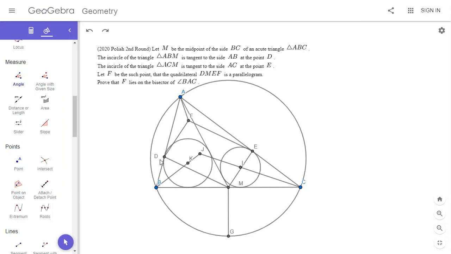So what can we say about AD over AE? I think there's some interesting theorem about parallelograms and cyclic quadrilaterals.